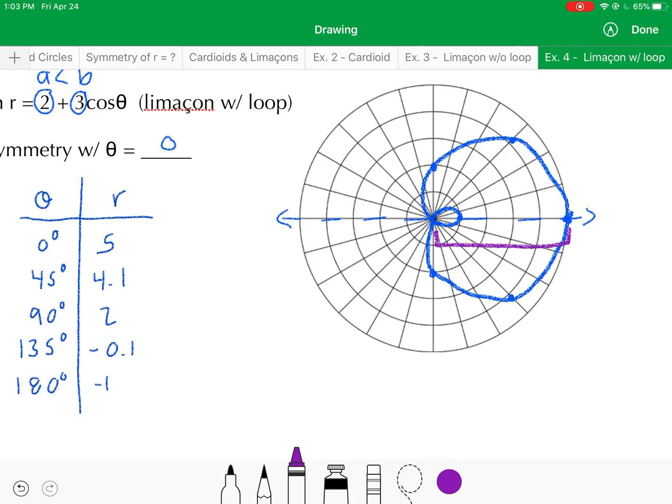Distance here is 2 units, which is the same as my A value. And then the length of the loop is 1 unit, which is the difference between my A and my B value. Okay, so very similar observations to the last 2 examples.